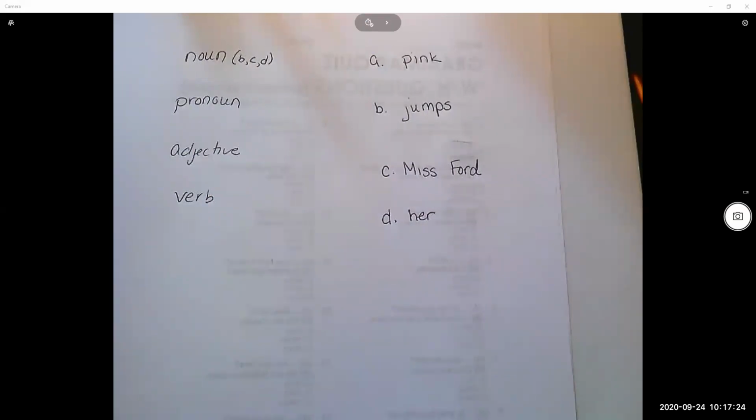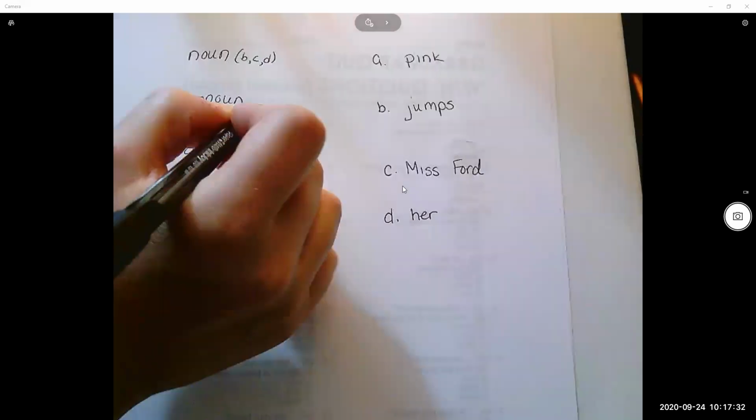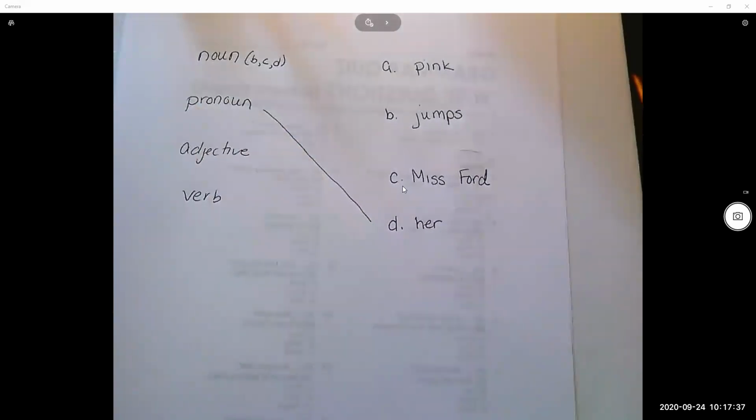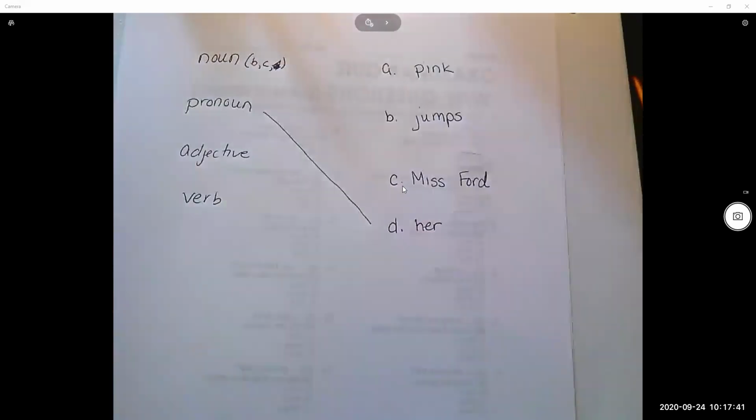No. Her. Can her replace a noun? Yeah, and it can replace Miss Ford. So good. We know that the pronoun is going to be letter D. Oh, I have letter D up with noun as an option. I'm going to go ahead and just scribble that out. I know that that's not the answer now.